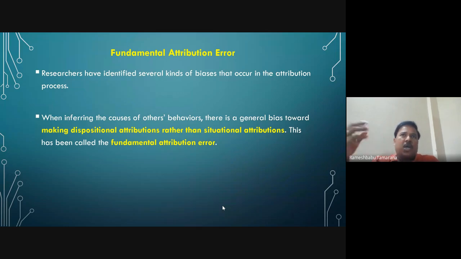So we might say, why did they get involved in such a heinous crime, what made them behave in such a manner, it is not just about rape, it is completely another level of atrocity towards that particular individual. So basically we forget about the situational or environmental factors. We give more importance to dispositional attributions. This is what we call the fundamental attribution error.